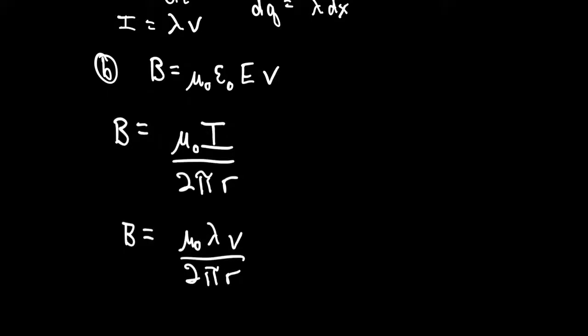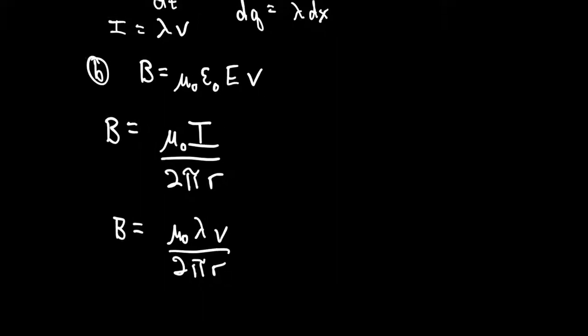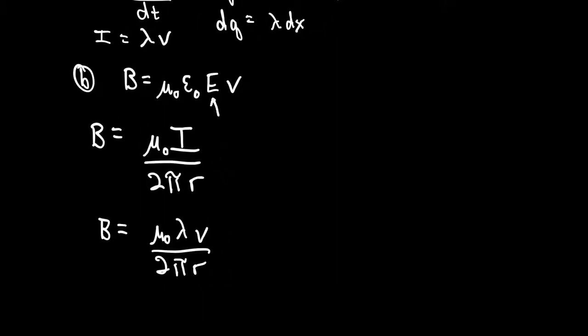I was also given an equation that describes the E, and I know I need to get an E in here somehow. I was given that E is equal to 1 over 2 pi epsilon naught times lambda over r. I don't have any lambdas in the equation I'm trying to prove, so I want to get rid of lambda.